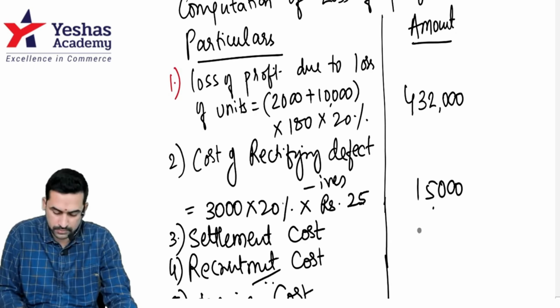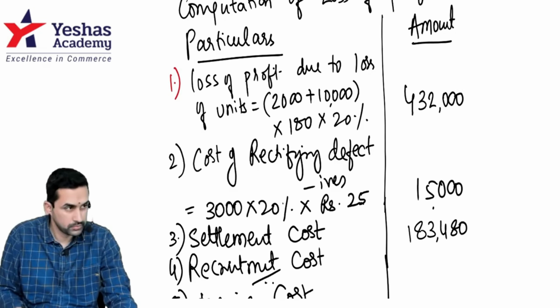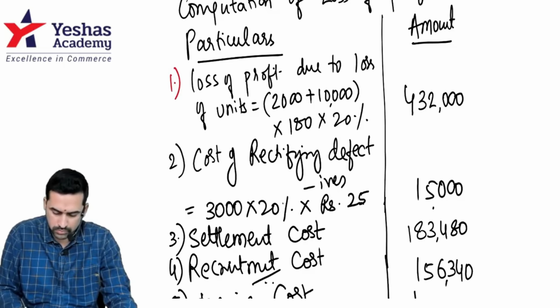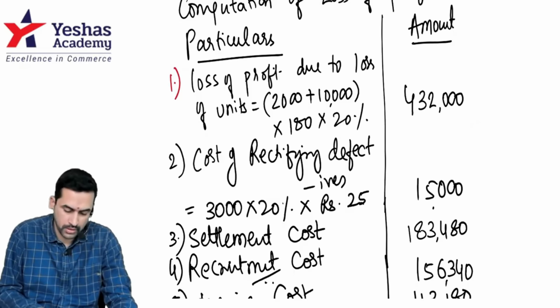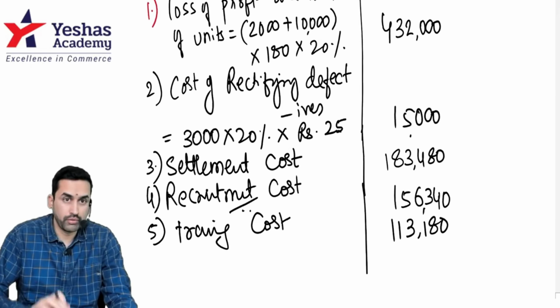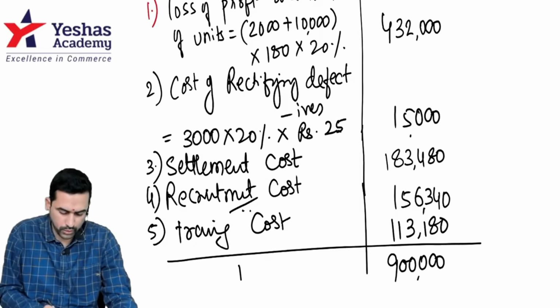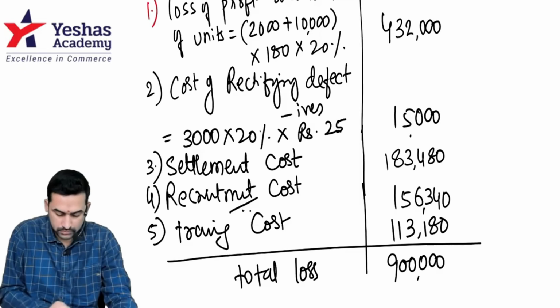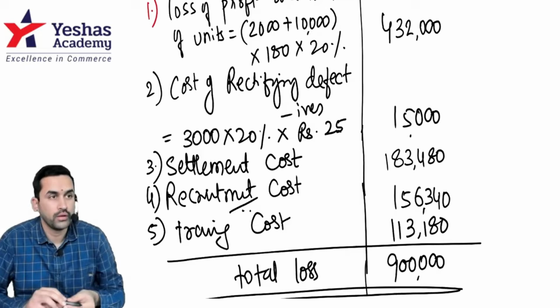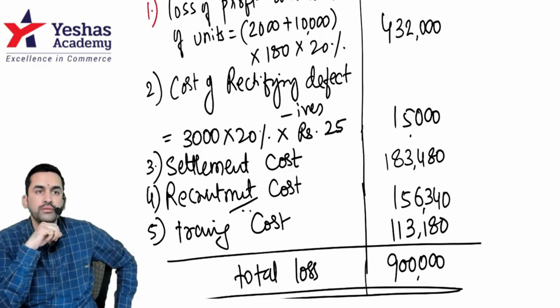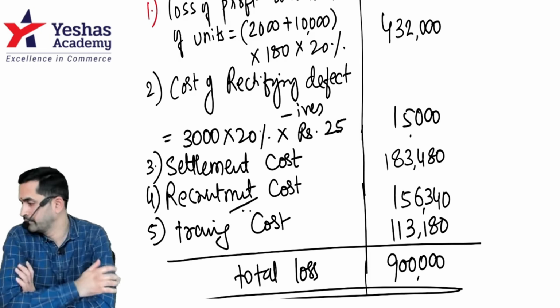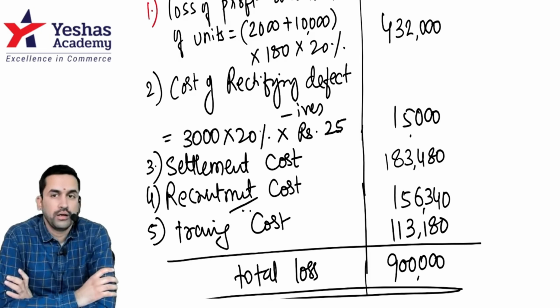No, no, these numbers. When you add all of this, you will get the total loss as 9 lakh rupee. End of the answer.